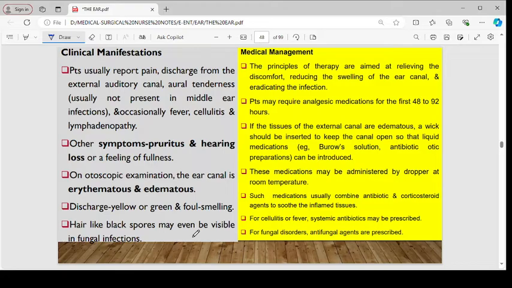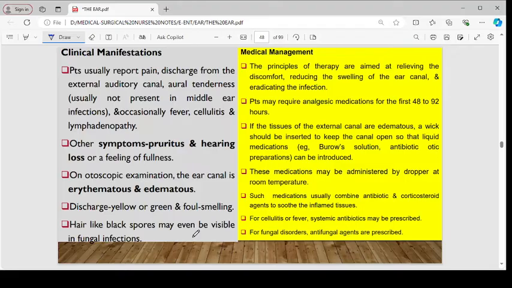In terms of management, the principles of therapy are aimed at relieving the discomfort, reducing the swelling of the ear canal, and eradicating the infection. So the patient may require analgesic medication for the first 48 to 92 hours.